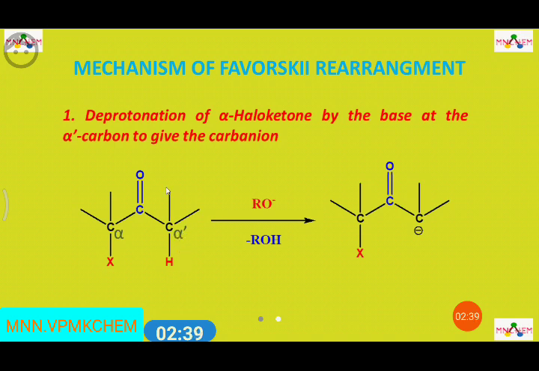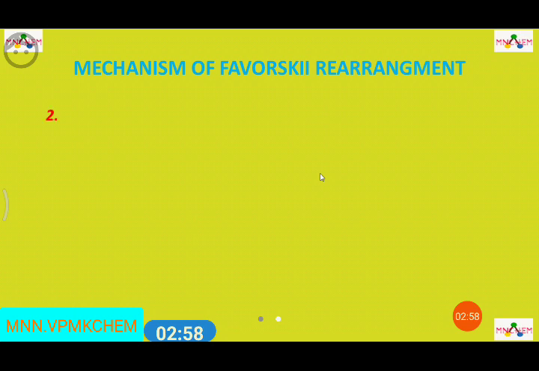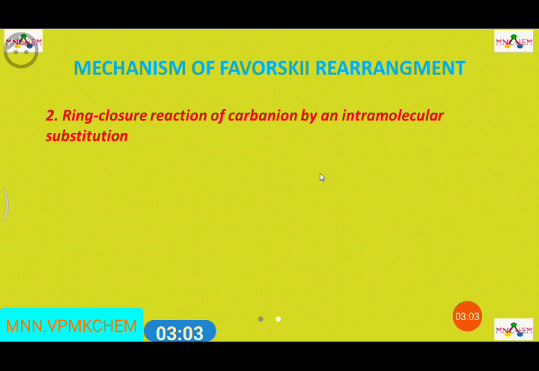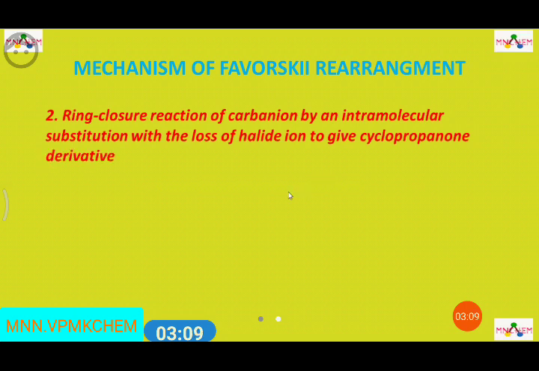So what happened in the first step? A base abstracts this hydrogen from the alpha dash carbon, which results in the formation of a carbanion. In the next step, ring closure of the carbanion occurs by an intramolecular substitution with the loss of a halide ion to give a cyclopropanone derivative.